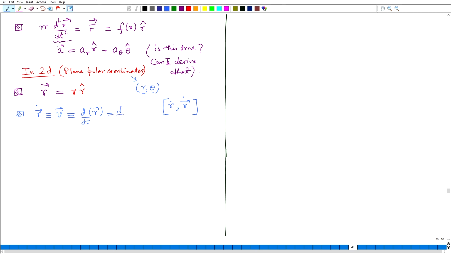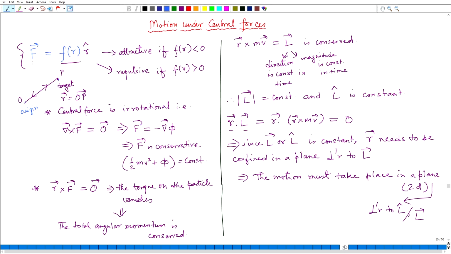Now, what is that r vector? This is r times r cap. Here r is the position vector of P at any time instant t, and r cap is the unit vector connecting the origin and the target, that means a unit vector acting along OP, if you remember this figure.